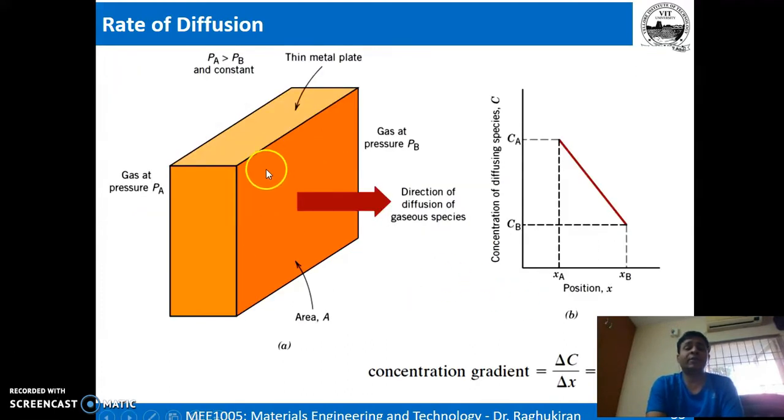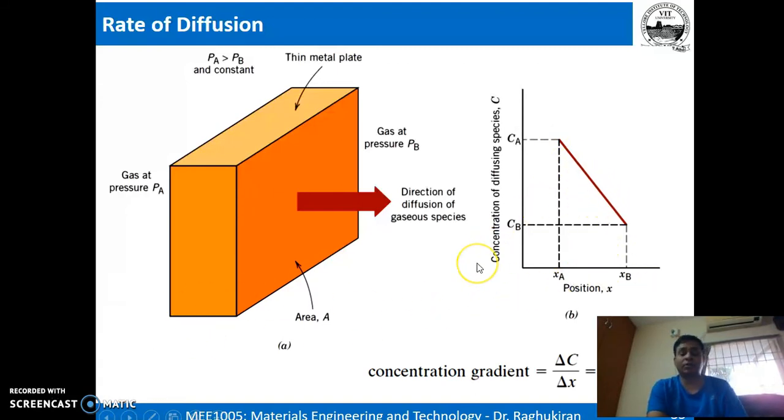If you have an imaginary block of material, and this is the x-axis, from one place to the other along the x-axis there can be a concentration gradient, assuming the species has so much at point A and only this much at point B. That means this concentration gradient is in the positive x direction.